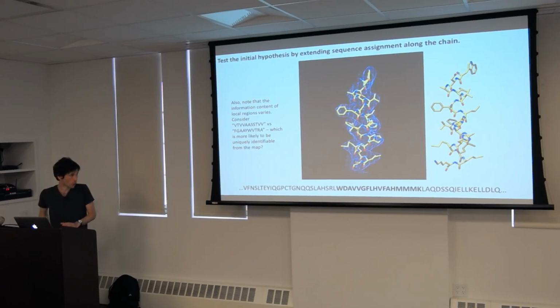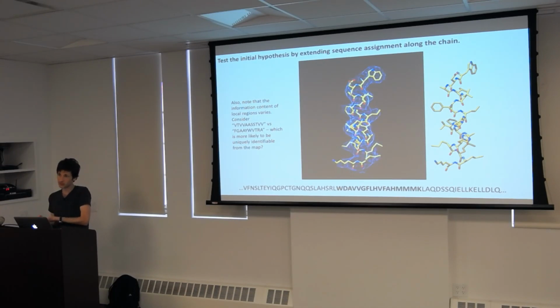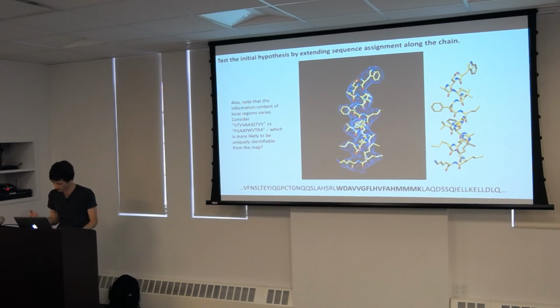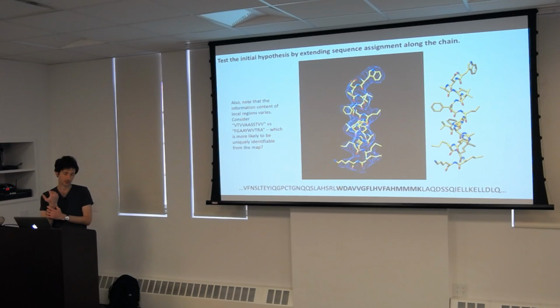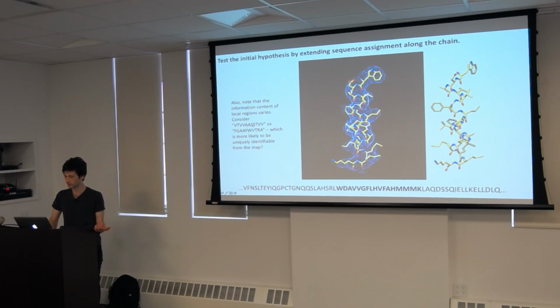The other thing to consider when you're building is that the local information content of a region of the sequence is going to vary. By local information content I mean how unique is the pattern of large residues, residues that you can easily distinguish based on the density. If you just consider your pattern of large aromatics, for example, and you look at this first sequence here, basically all of these residues at 3.5 angstroms are going to look pretty similar.